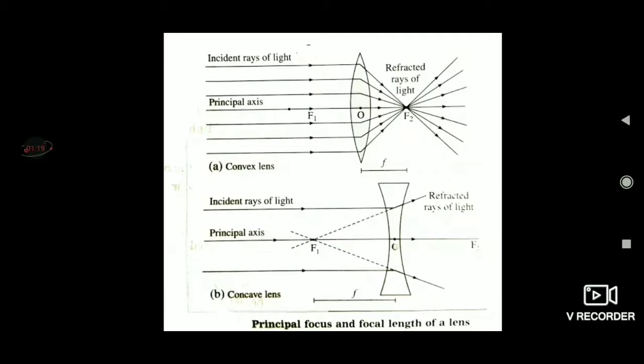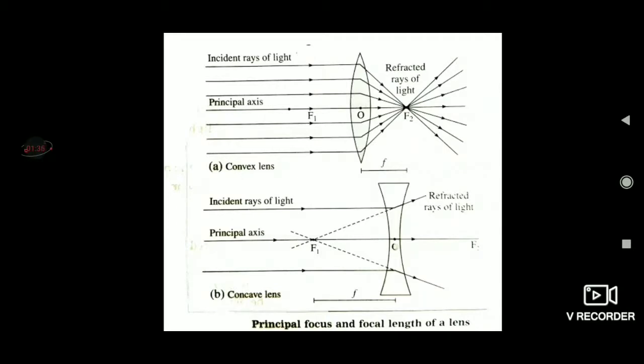So what will happen to these rays? They will converge to a point. This point on the principal axis is called the principal focus of the lens.